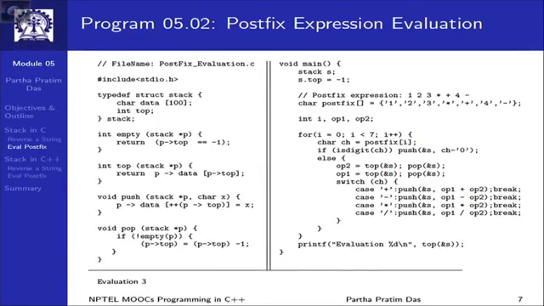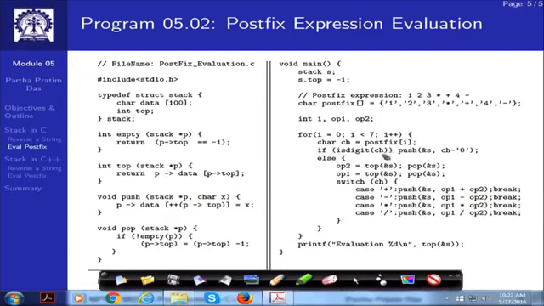It does the operation of finding if something is an operand, which is done at this point. If you particularly focus at this point, you will see that here we are identifying if the character that is given in the expression is an operand or not. It is considered to be an operand if it is a numeral.